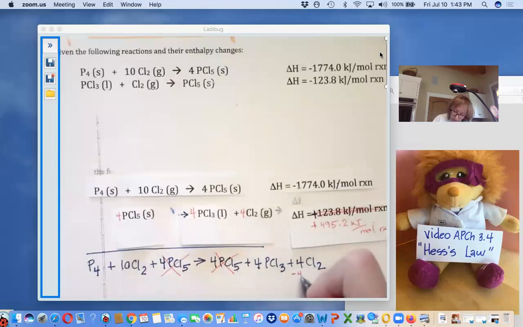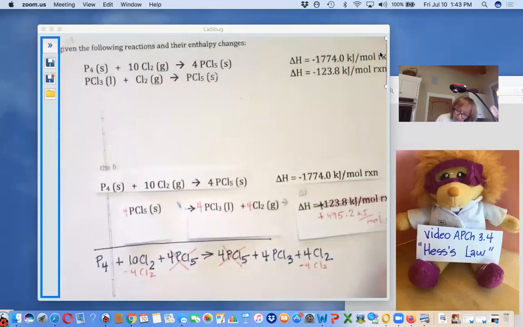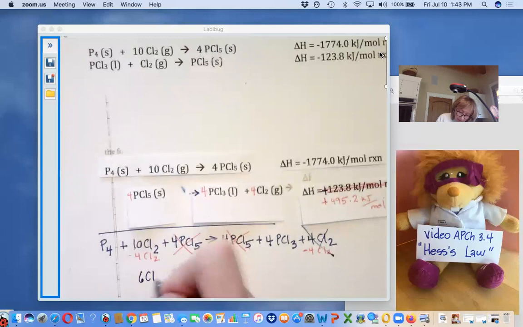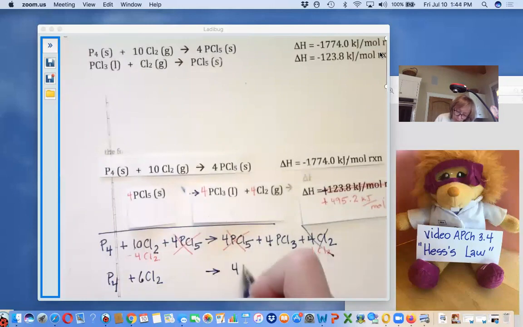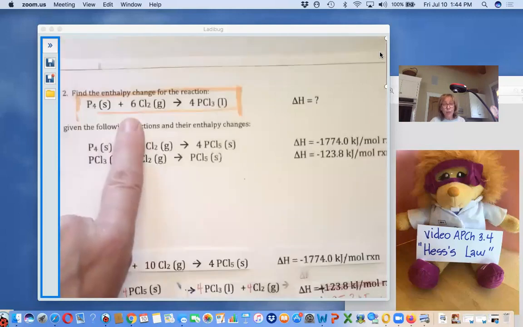So if I take away 4 from both sides of the equation, these go away, and on this side I'm left with 6. So I have P4 plus 6 Cl2s yields 4 PCl3s. And guys, that is exactly my target equation.